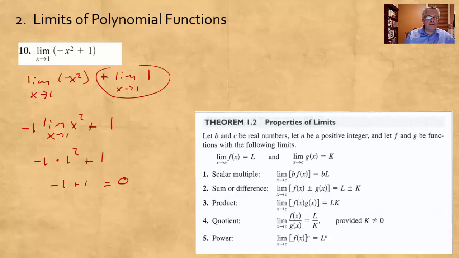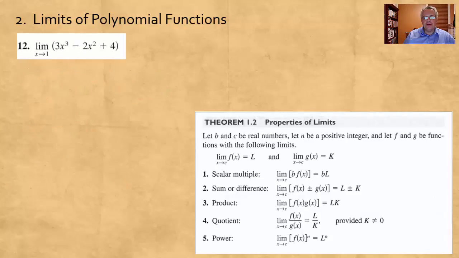All right, let's take a look at another one and hopefully we'll see that. All right, this has 3 terms. So this is the limit. I'm going to break it up. Limit as x approaches 1 of 3x cubed minus the limit as x approaches 1 of 2x squared plus the limit as x approaches 1 of 4.